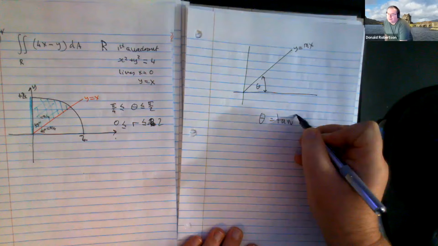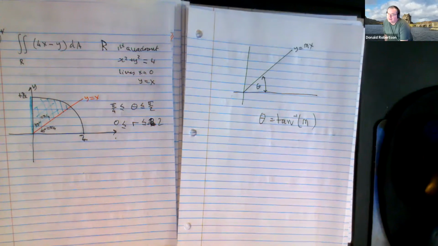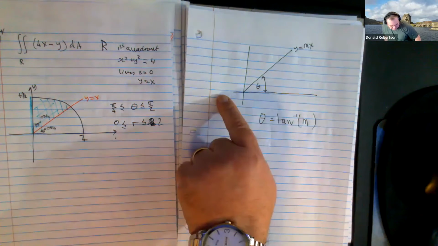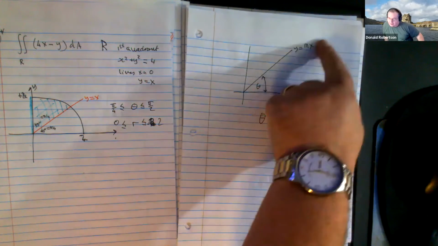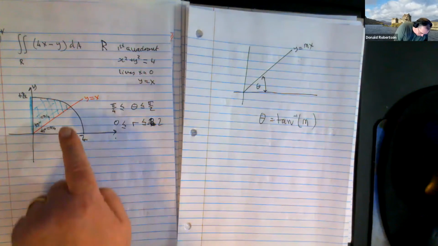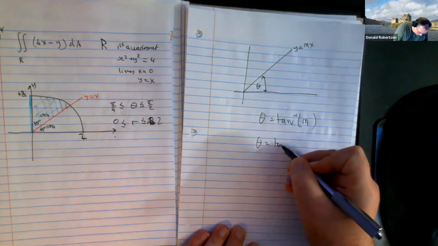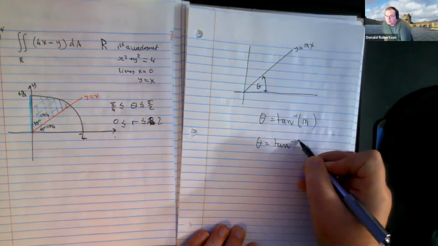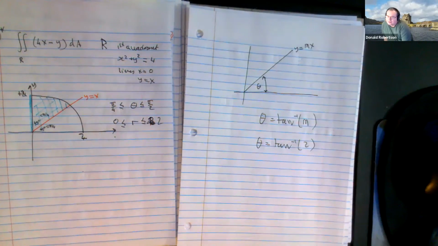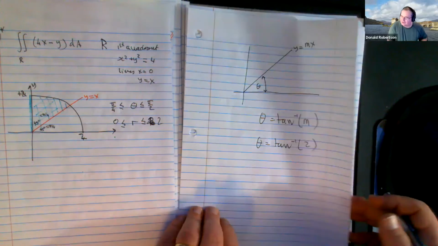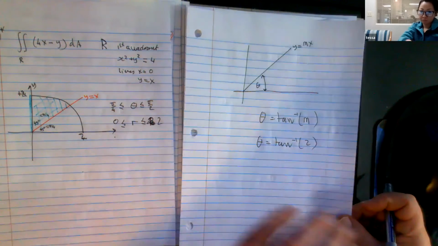Isn't that a helpful little property? So if you get a line and it's y equals 2x, just like this is y equals x, theta then is just going to be the inverse tan of 2. It won't be a very pretty number, but that's how you could do it. You might use that once, and that's it, but it's a nice property.